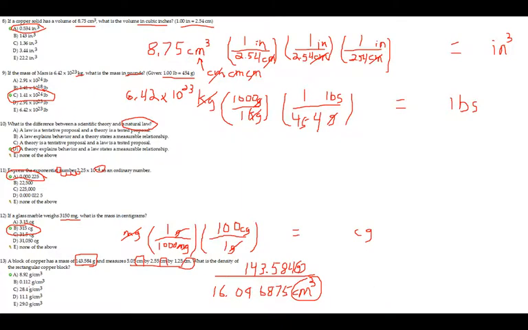In any case, you should get 8.92 grams per cubic centimeter. 3 sig figs, because these things we're multiplying and dividing together, this given information, these all have 3 sig figs for the length, width, and height, whereas the mass has 6, so we have to limit it to 3.